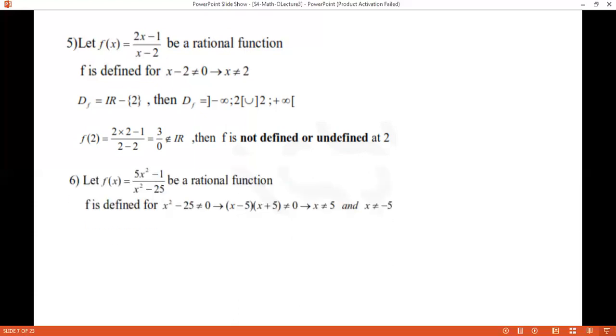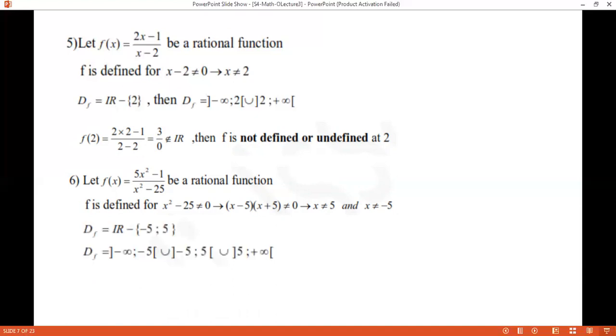Also look at this fraction. It's a rational function, so it's a fraction. So we need to take the denominator different than 0, which is x squared minus 25 different than 0. I factorize it, which is x minus 5, x plus 5 different than 0. Then x is different than 5, and x is different than minus 5. So both of them, minus 5 and 5, are excluded from my domain.